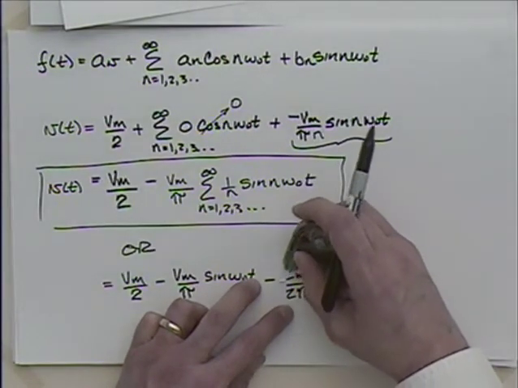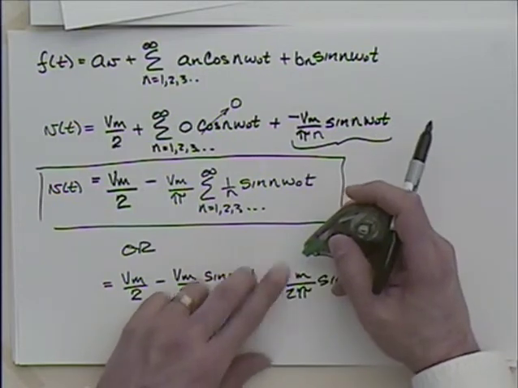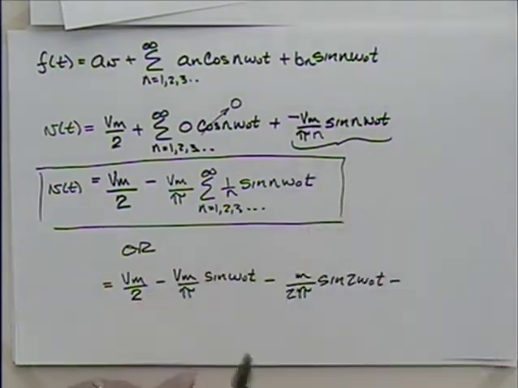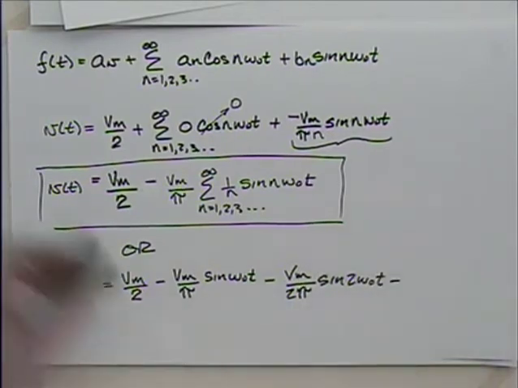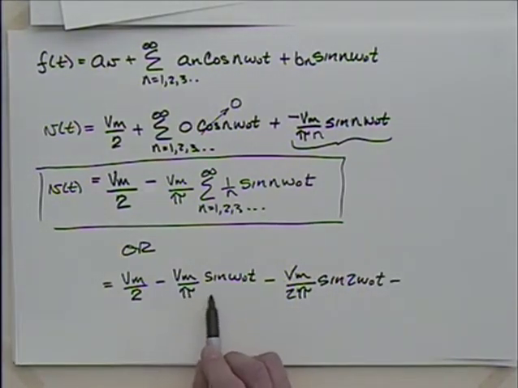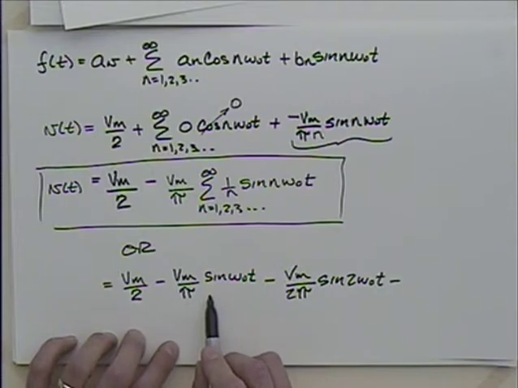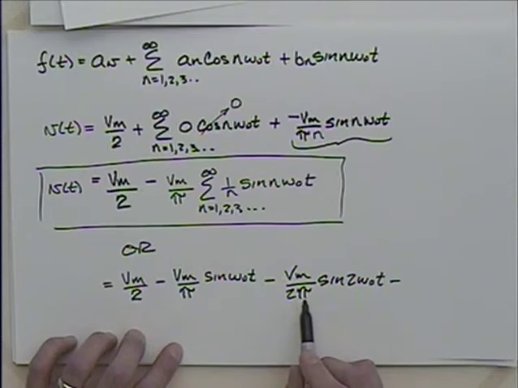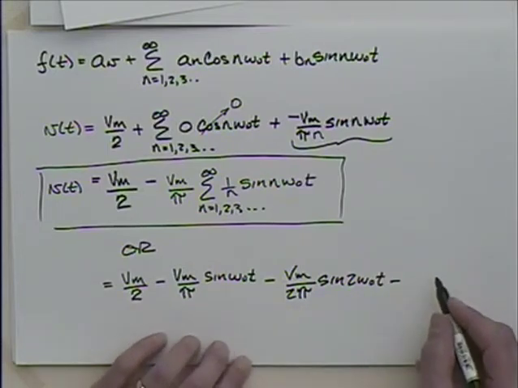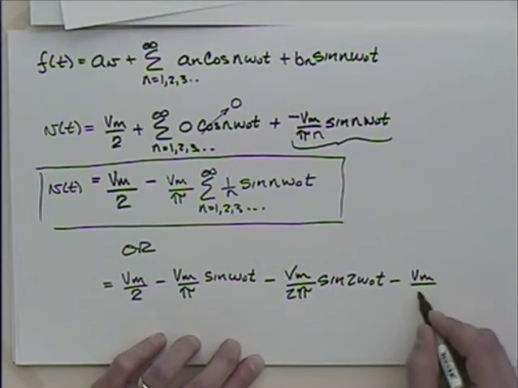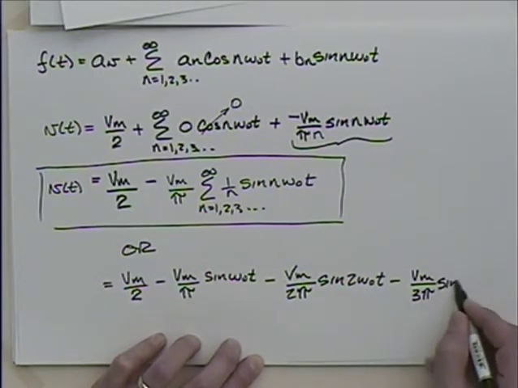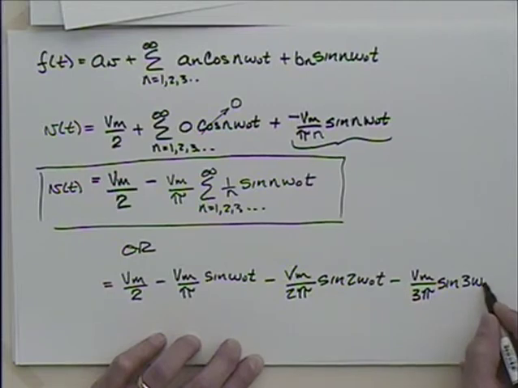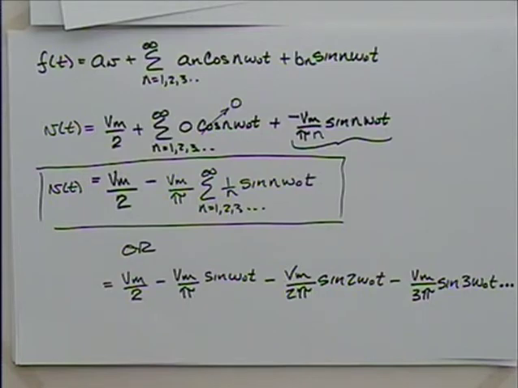Should just be Vm. So the first one, yeah. And the second one, yeah, 2 is in the denominator. Then the third one, Vm over 3 pi sine 3 omega naught t, and so on.